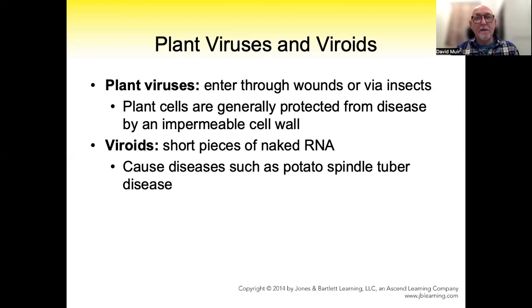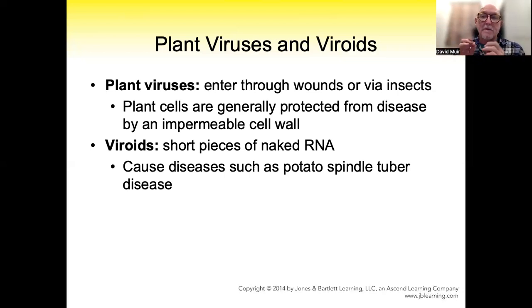Plants are very well protected against viruses by their cell wall, because they have a thick cellulose cell wall, and it's very difficult for viruses to enter that. If you just drop a virus onto a leaf, nothing will happen because the virus can't attach to a living cell. The cells are protected.